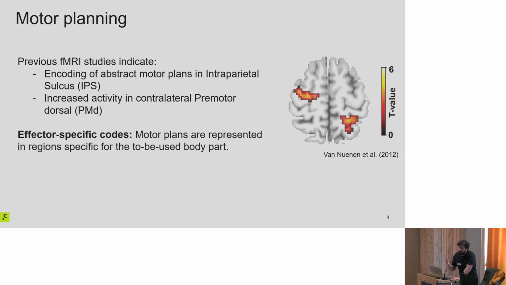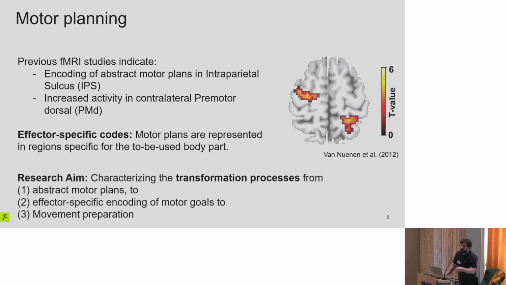Usually, this kind of effect is found in contralateral brain regions which, when localized in an area reflecting the to-be-used body part, are considered effector-specific brain regions. Notably, movement planning is a complex process that, as said, implies several subcomponents.